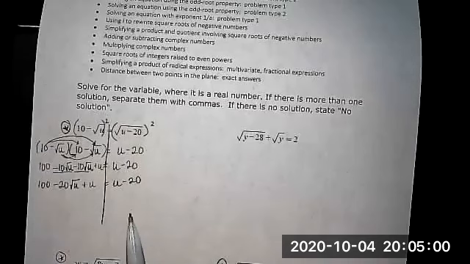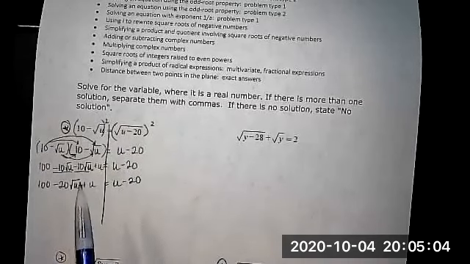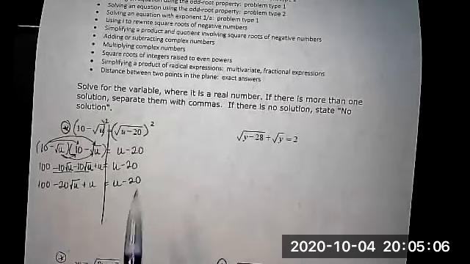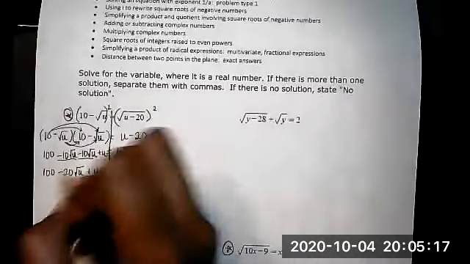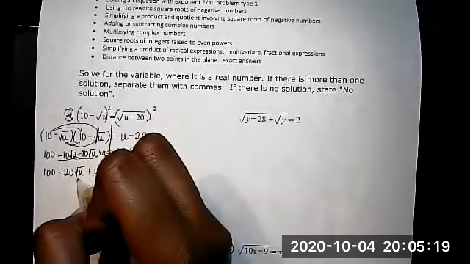I know it looks like you're like, what am I doing all of this for? What you're trying to do is get the square root by itself so you can square it and get rid of it, okay? So our ultimate goal is u equals blah, blah, blah. All right, and in this one, our ultimate goal is y equals blah, blah, blah. So we're going to get the square root by itself.